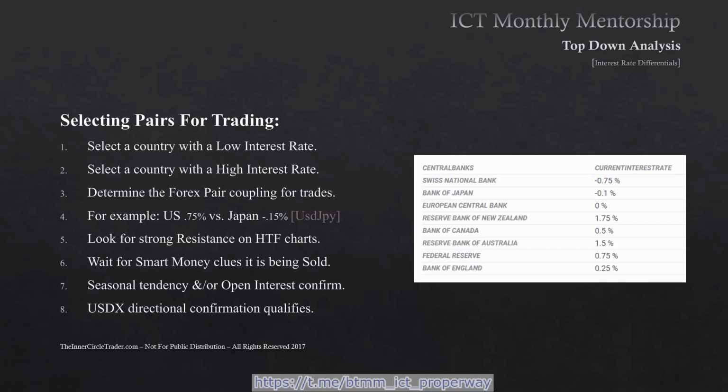So if we're expecting weaker Japanese yen because of the lower interest rate, the pair we've coupled for foreign exchange trading, the dollar yen, is the pair we'll be trading. So even though we're looking for weakness in yen, we're looking for the opposite for the pair, the way it's formed. The dollar yen pair is actually going to strengthen or go up in our charts.